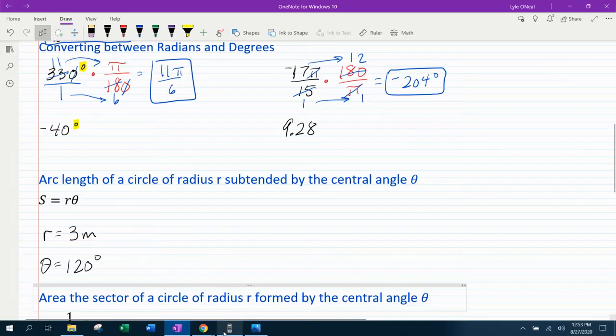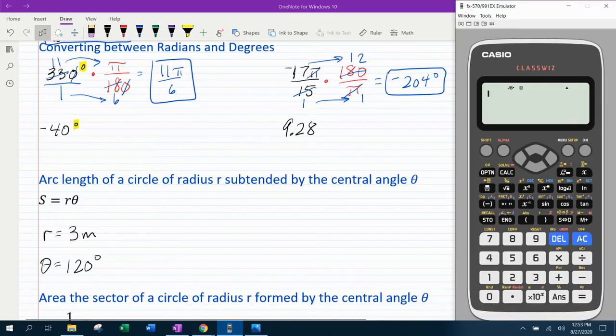And just to show you again the power of the calculator, we can actually do this all on the calculator. Negative 17 over 15 pi. If you want to put the pi to the side, you can. If you want to put it in the top, you can. Either way is fine. Times the fraction 180 over pi.